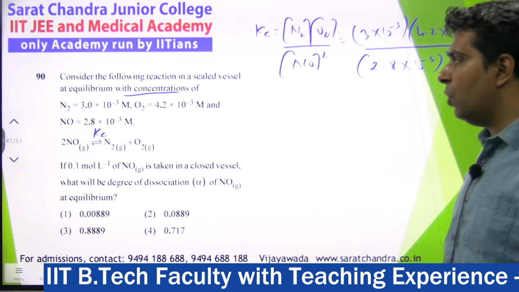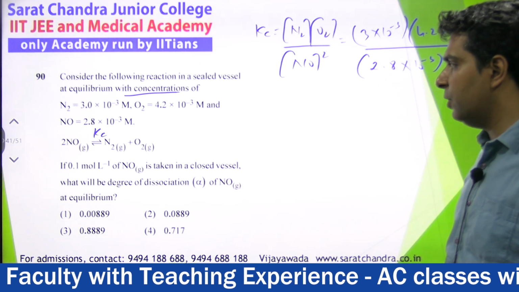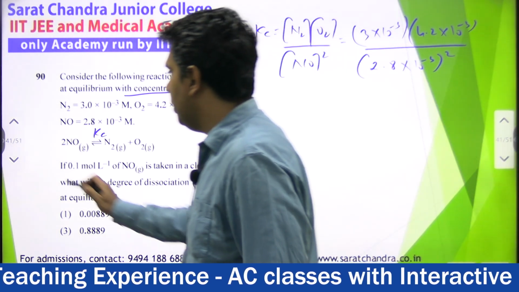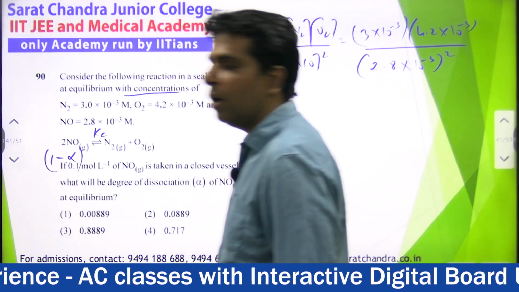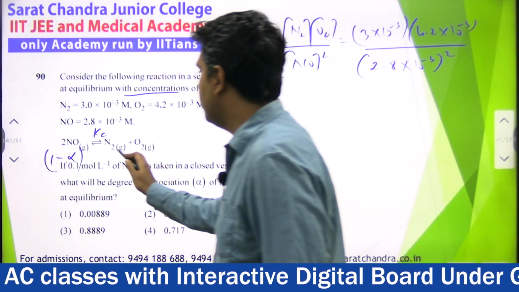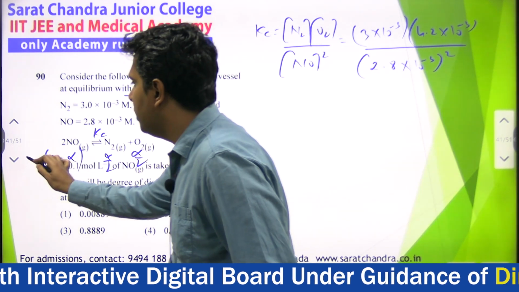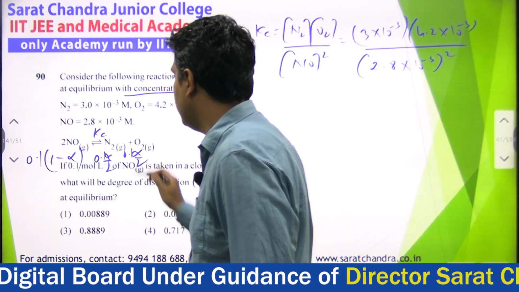Now 0.1 mole per liter of NO gas is taken in a closed vessel. What will be the degree of dissociation alpha for NO at equilibrium? So let the degree of dissociation be alpha, that we have to find out. Out of 1 mole, alpha mole will be dissociated, alpha by 2 of N2 and alpha by 2 of O2 will be formed. The initial concentration is 0.1, so 0.1 will be multiplied over here.